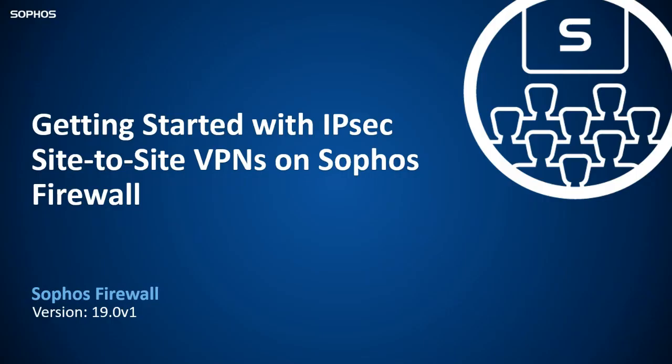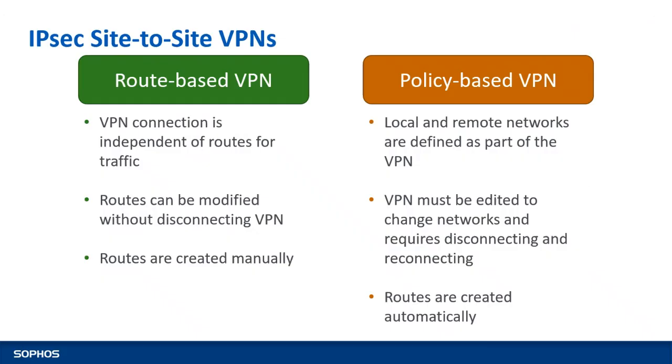About the IPsec site-to-site VPNs. Sophos Firewall supports 2 types of IPsec VPNs, route-based and policy-based. With route-based VPNs, you create VPN connections between 2 firewalls, then separately configure routing for the traffic you want to send over the connection.